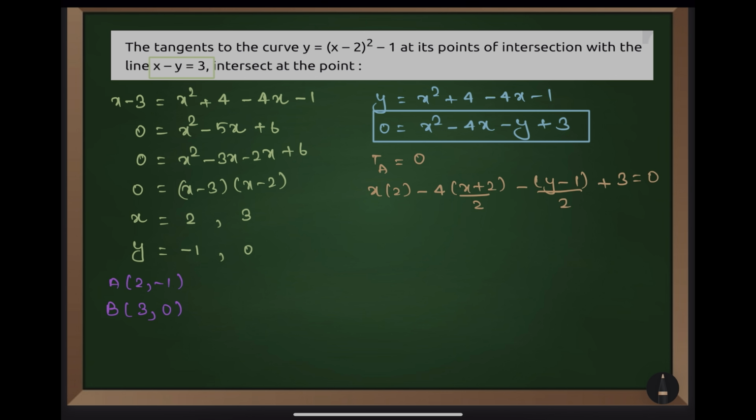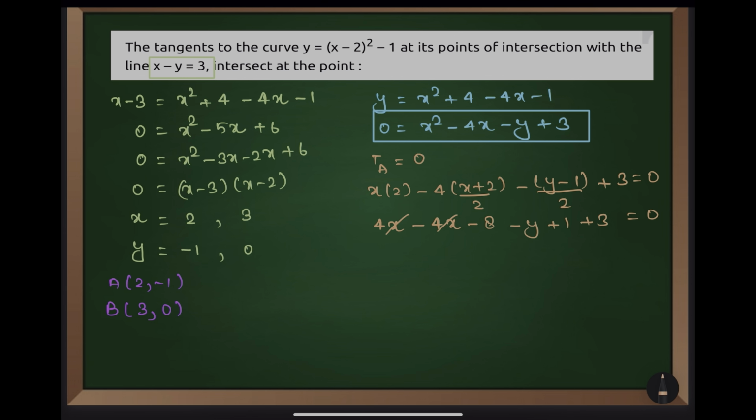Now can I multiply both sides by 2? So we will have 4x minus 4x minus 8 minus y plus 1 plus 3 is equal to 0.